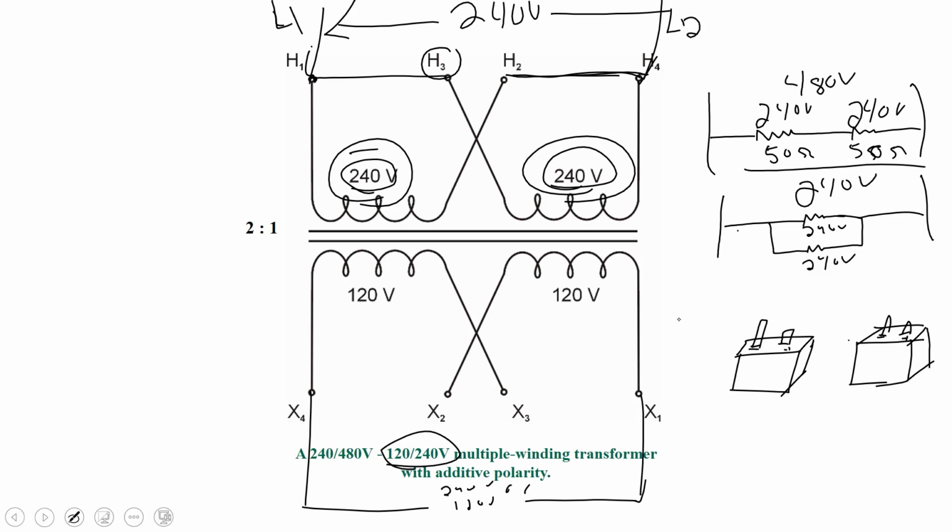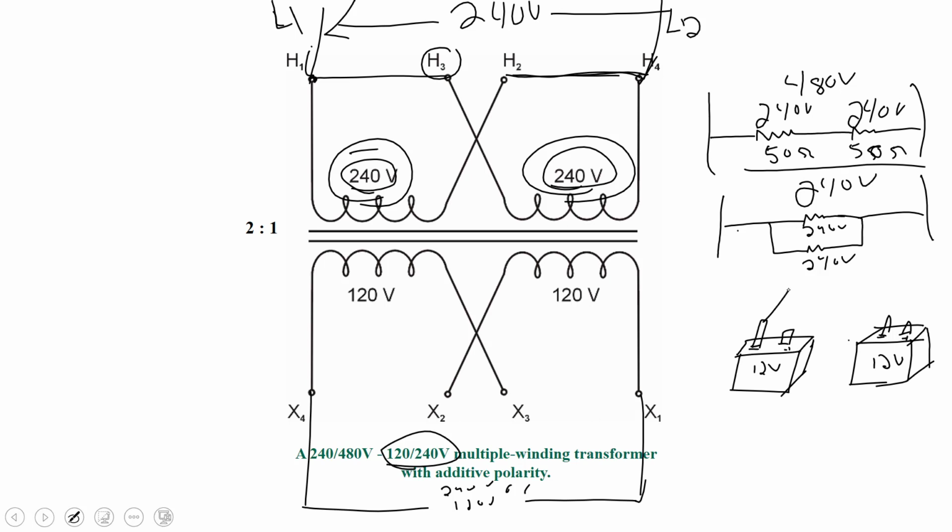So if I were to connect these two batteries in series, and then I put a voltmeter across, I would get 24 volts. If I took these same two batteries and I'm going to connect these up in parallel now, right?